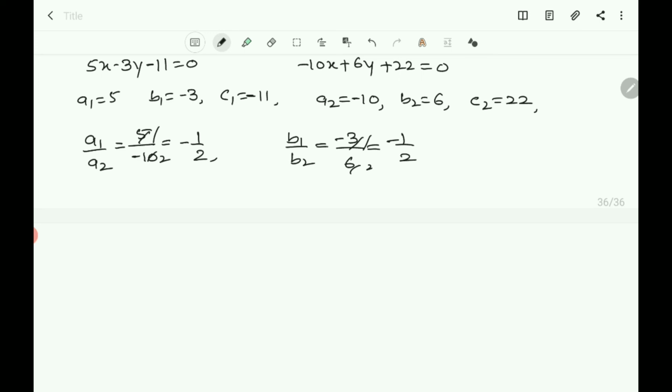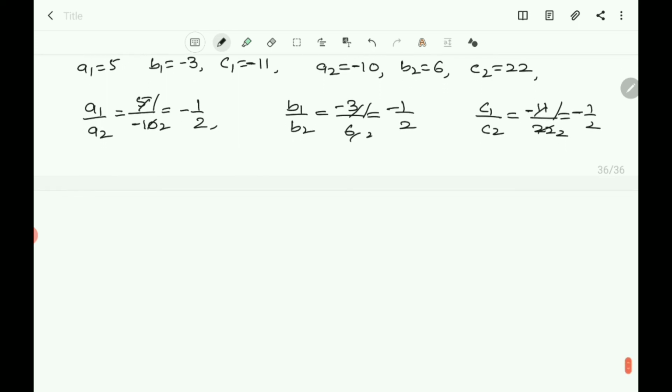Next you take c1 by c2. c1 is minus 11 by 22, that is also minus 1 by 2. 11 ones are 11, twos it is. So you got minus 1 by 2, minus 1 by 2, minus 1 by 2. Therefore a1 by a2 is equal to b1 by b2 is equal to c1 by c2.